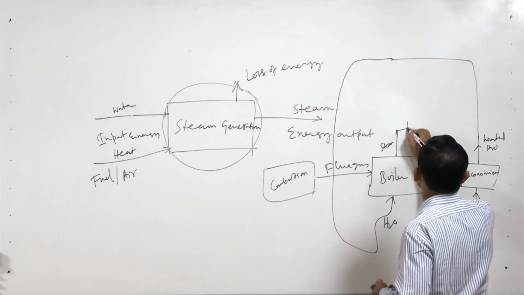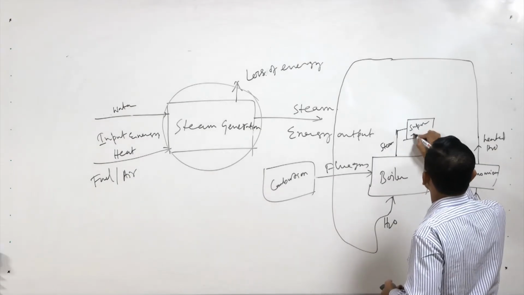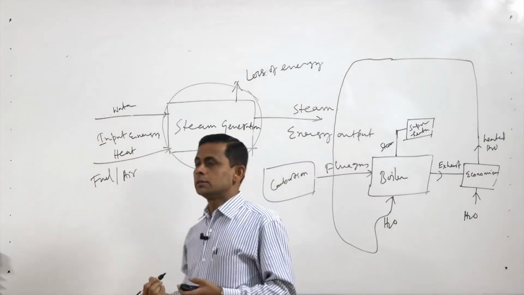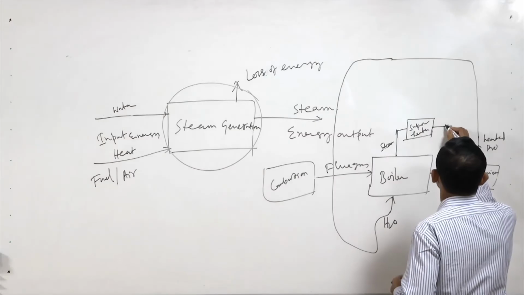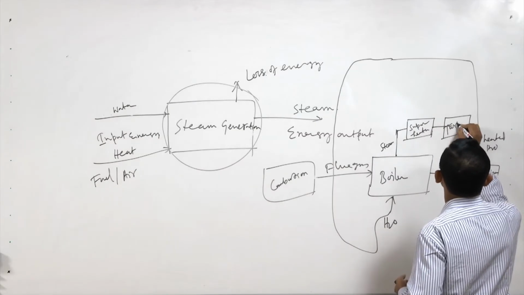That steam has to be superheated, so we need a superheater. Then the superheater will increase the temperature of the steam that will be used in the turbine.